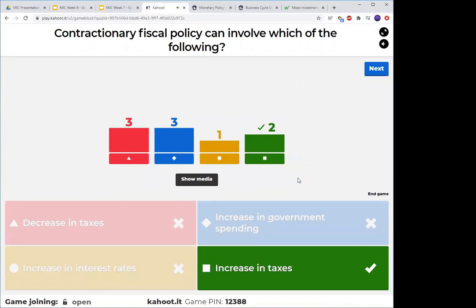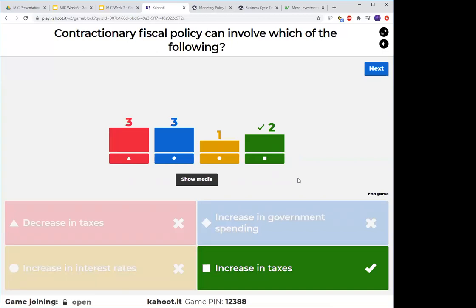Okay, so there's a lot to discuss. Contractionary fiscal policy usually involves an increase in taxes. Can anyone explain why? Or at least the two people that might have gotten it right. All right, I guess not.